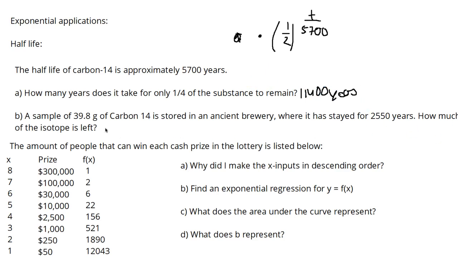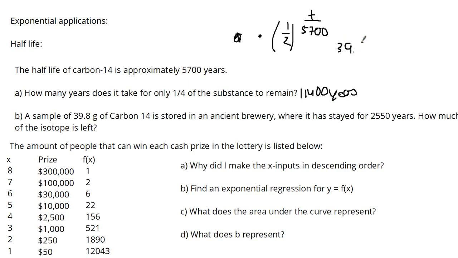Anyways, a sample of 39.8 grams of carbon-14 is stored away in an alchemy lab, where it has stayed for 2,550 years. How much of the isotope is left? So we have 2,550 years and 39.8.